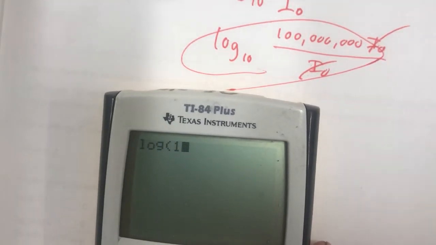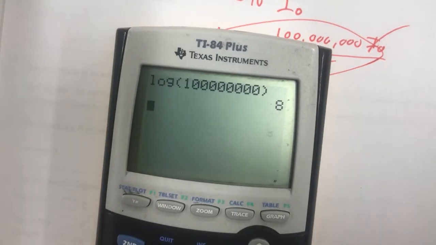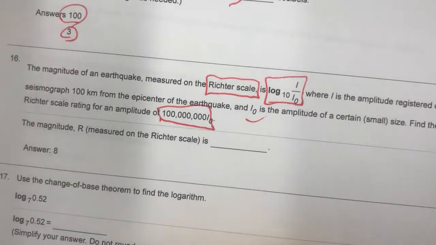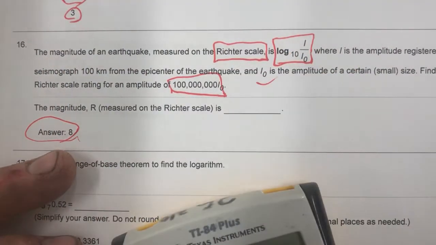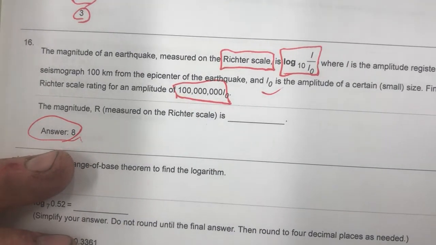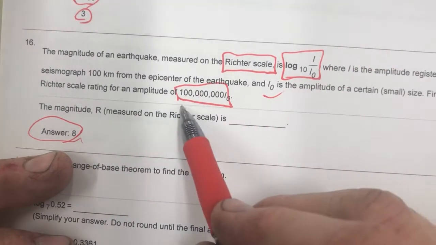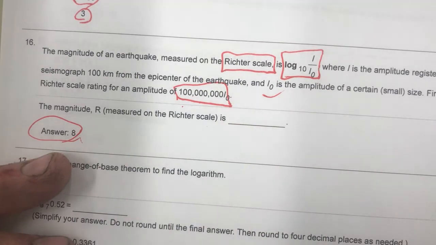I'm going to do 100 million. And look there, I get 8. And that's the Richter scale 8, which is terrible. If you have an earthquake of size 8, that is destructive, which means that's 100 million times the original intensity.